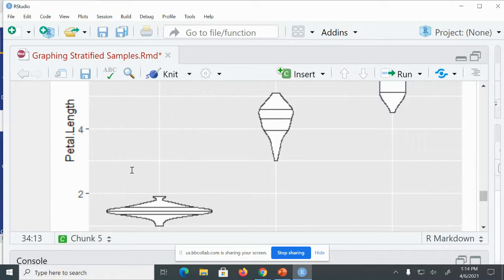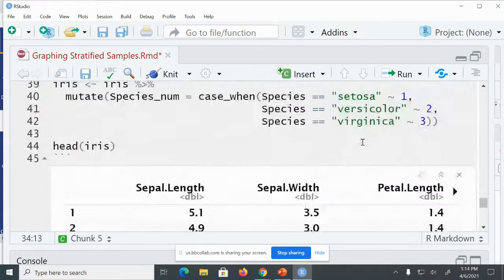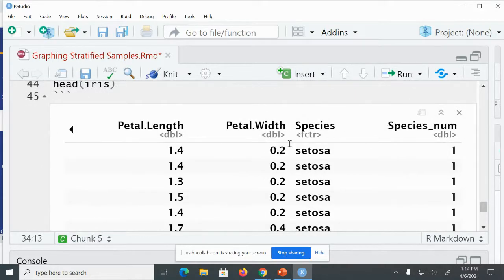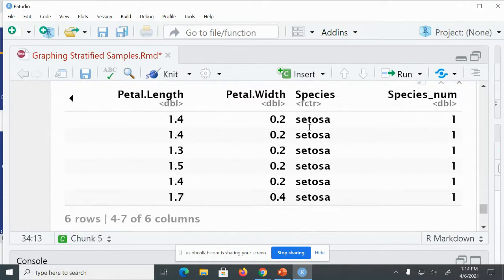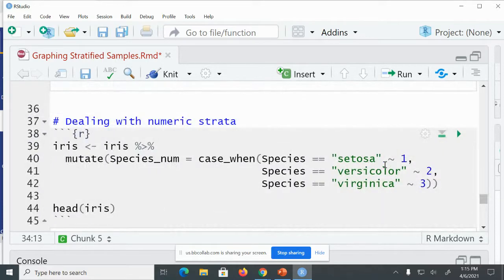All right. So one additional thing about graphing is sometimes you might be given a data set where instead of the groupings being given to you as words, like they are here, they might be given to you as numbers. So here I've just created a new variable called species num that equals 1 for Setosa, 2 for Versicolor, and 3 for Virginica.